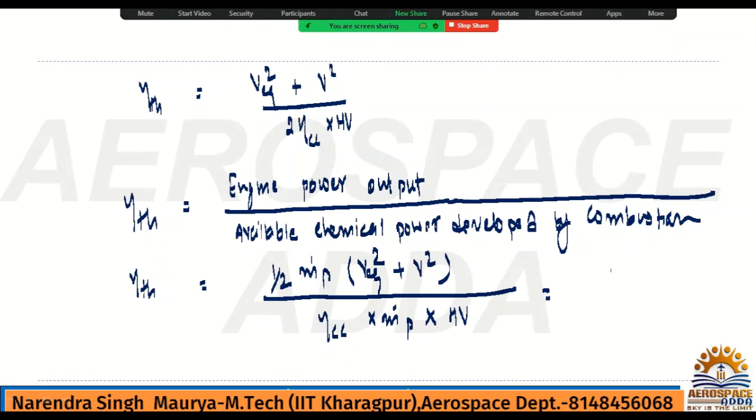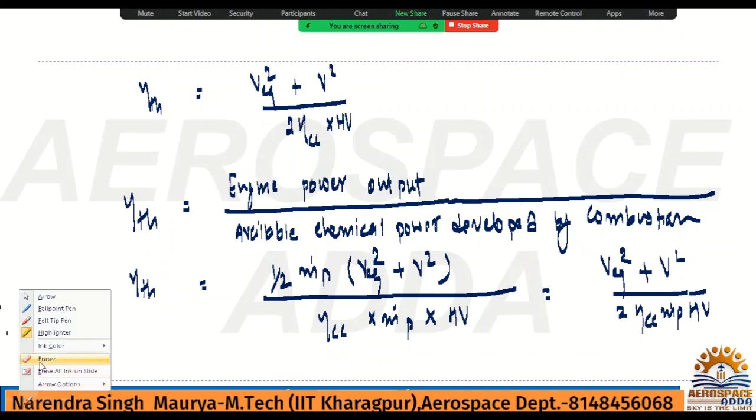Rest everything is the same, so it is V equivalent square plus V square divided by 2 times eta cc m dot p into h. This formula you need to remember. How it comes, I have also explained in 2 lines, so at least this will be clear in your mind.